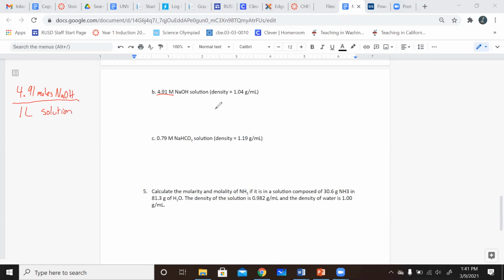Okay? We know that 1 liter equals 1,000 milliliters. So we can figure out how many grams our solution is using this density right here. So we do one T-chart, starting at how many liters are present, how many milliliters, and we can convert that to grams.